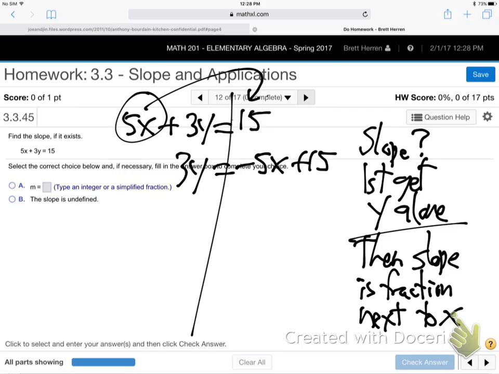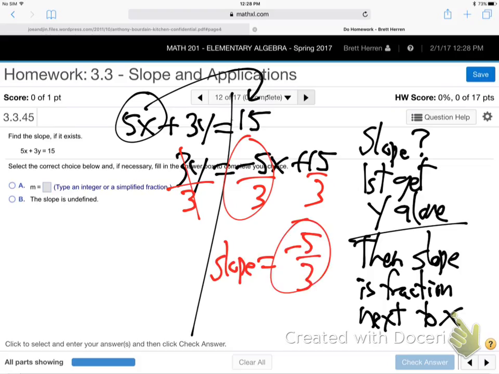Last step is always divide by the identical twin all the way across. Y is alone. What's the slope? Slope is negative 5/3. See, once you get the y alone, then the slope is the fraction next to x. Getting comfortable with slope in all these different settings?